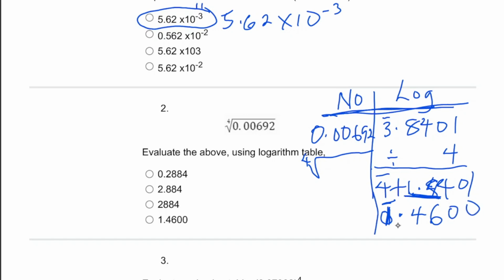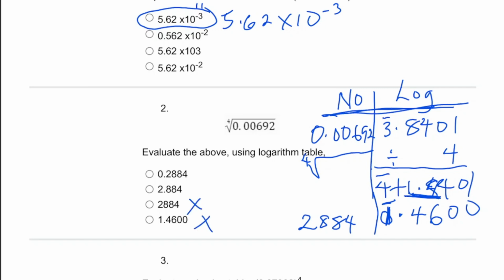So the next stage is now to find the antilog. Make sure that what you are checking is antilog. Antilog 46, so 46 under 0 gives us 2884. So that is not all. This is not our answer. You can see we have 1.4600 in our options, so this is not the answer.